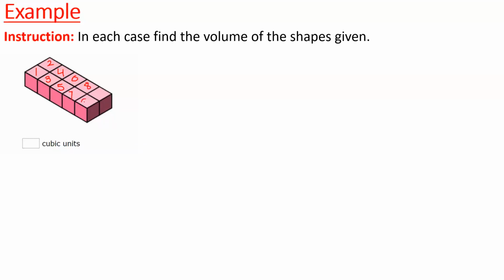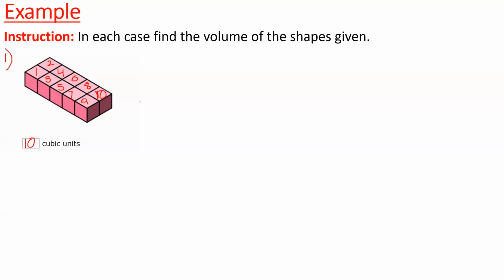This is 9. And this is 10. So how many cubic units do we have? 10, very good, 10 cubic units. So the answer here is going to be 10. Please draw this image, draw the rectangular prism to the best of your ability, and then write the correct answer. This is our first example, example number 1.